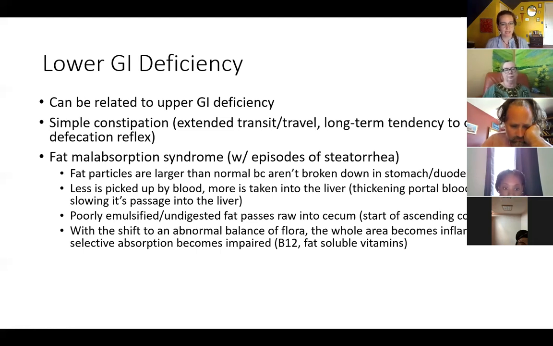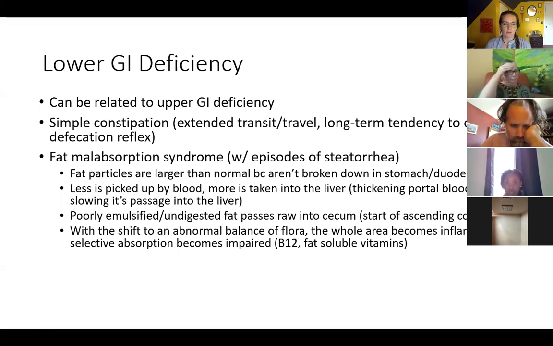So less is picked up by the blood, more is taken to the liver, which thickens the portal blood, which is the blood heading toward the liver. That blood gets thickened when the fat particles are too big, and that slows its passage into the liver. The liver becomes sluggish. It then doesn't secrete properly to the upper GI, and the system just continues.